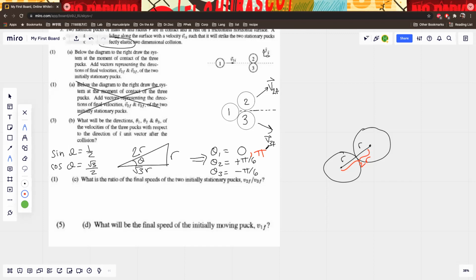Now we are asked this question. What is the ratio of the final speeds of the two initially stationary pucks, V2F and V3F? What's the ratio?